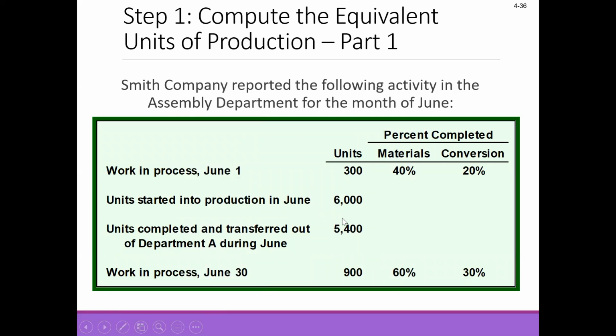We added 6,000 units during the production and we transferred out 5,400 units in June. So we're sitting at the end of June with 900 units, 60% complete for materials, and the conversion, which is manufacturing and labor, 30% complete.